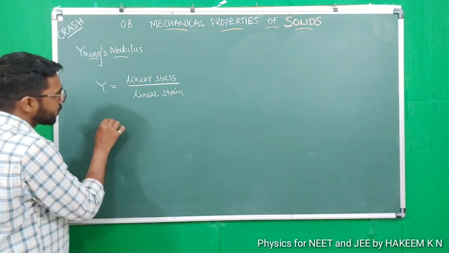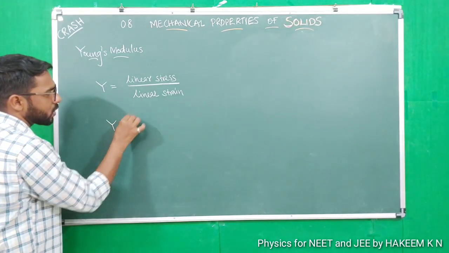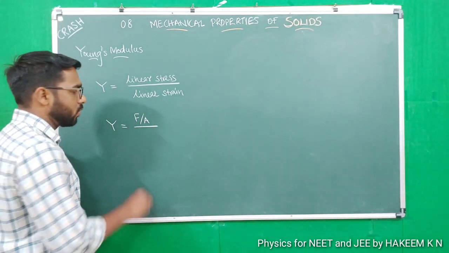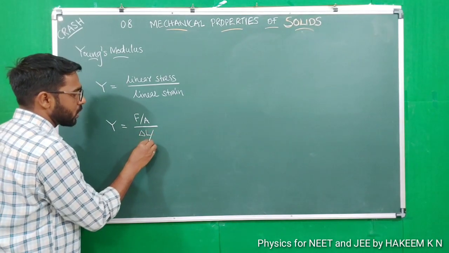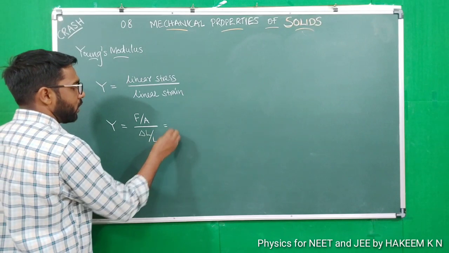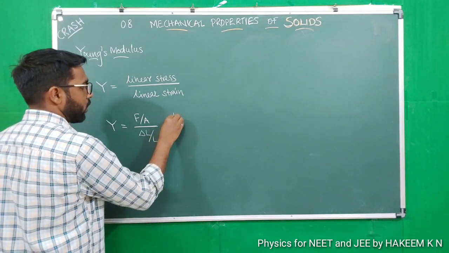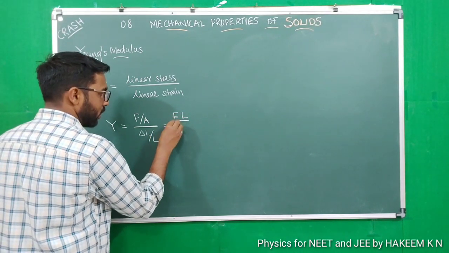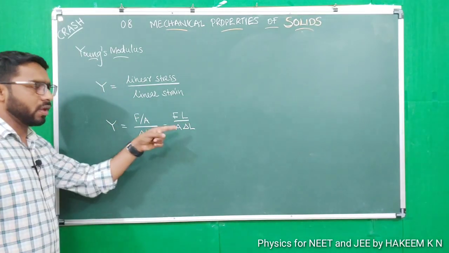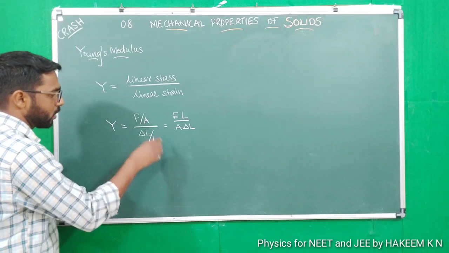That is why stress is always taken as restoring force by area, and linear strain is delta L by L, change in length by original length. So Y equal to, we will get, FL by A delta L.